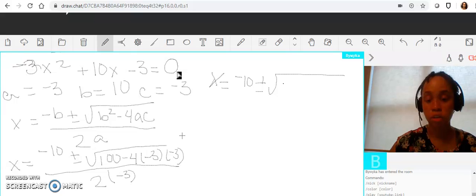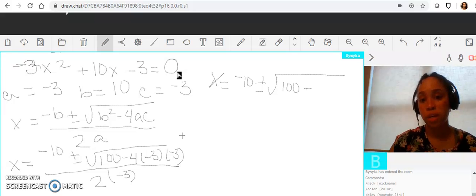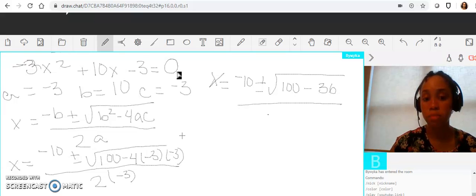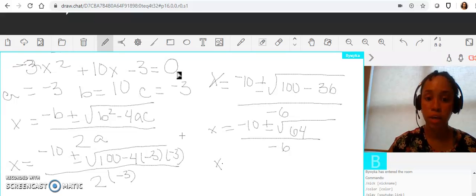So I have 100, minus negative 3 times negative 3, which is positive 9, times 4, which is 36, all over 2 times negative 3, which is negative 6. So I get x is equal to negative 10 plus or minus the square root of 100 minus 36 is 64, all over negative 6. So I get x is equal to negative 10 plus or minus 8 all over negative 6.